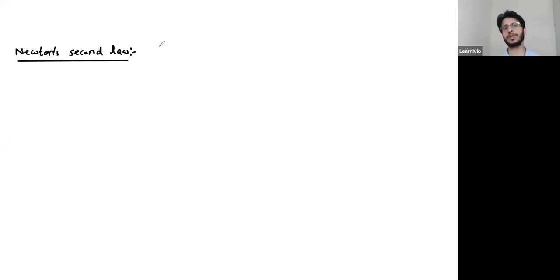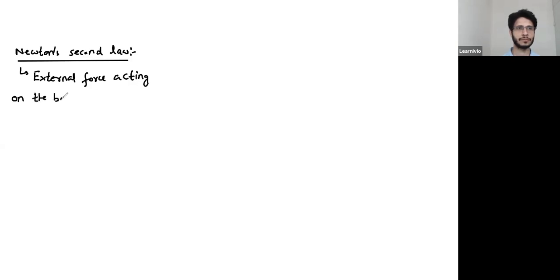So according to Newton's second law, its statement says that the external force acting on the body is directly proportional to the rate of change of momentum.